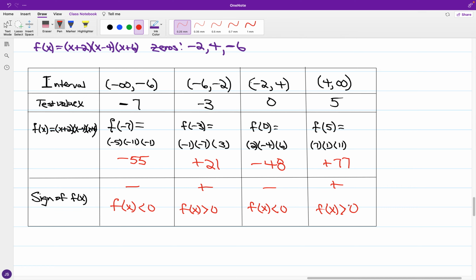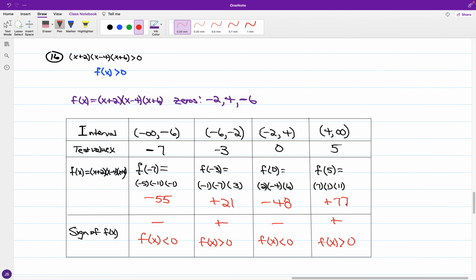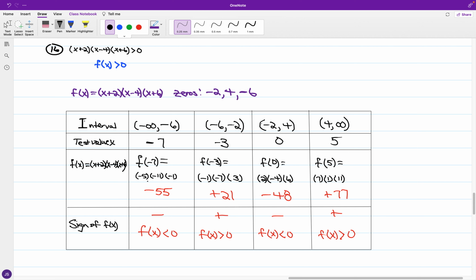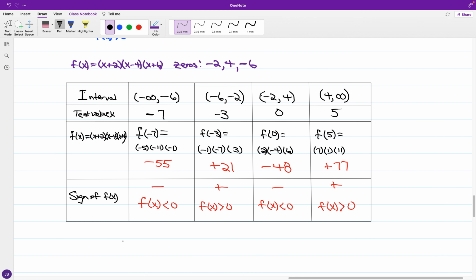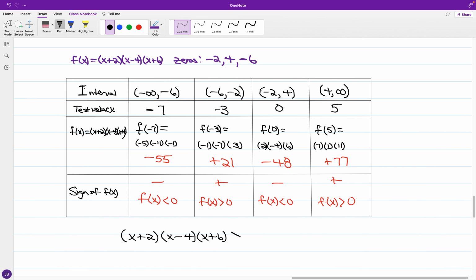And so just looking at what we have, going back to our original inequality statement, that was said to be greater than 0, with f of x as the product of these three binomials.